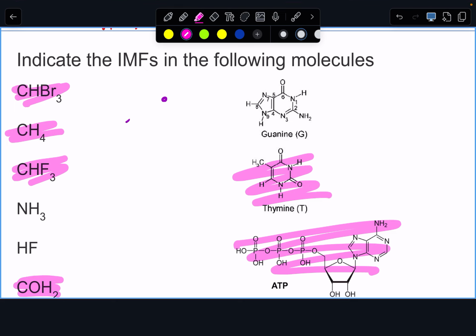Okay, so let's start with those. I want you to tell me, let's just go with what the strongest intermolecular force is, because I think you guys get it. All of these have dispersion forces. If it's a very complicated Lewis structure, I'll give it to you. Otherwise, I'll probably make you draw it.